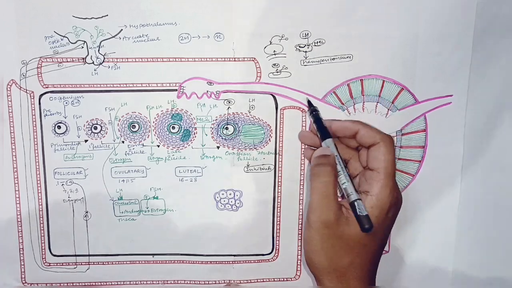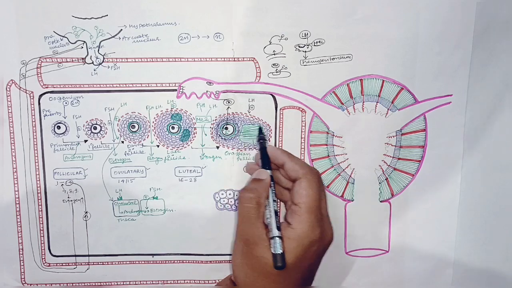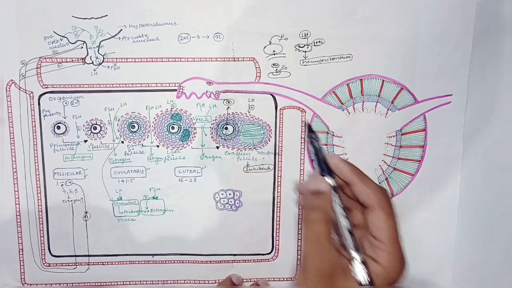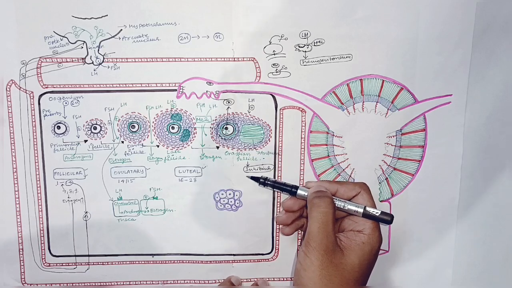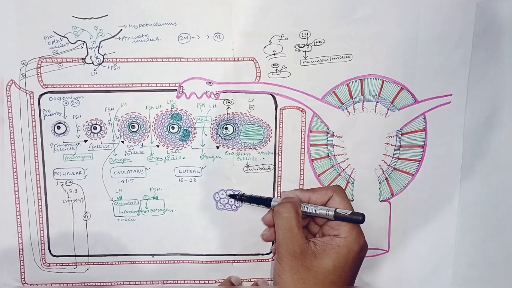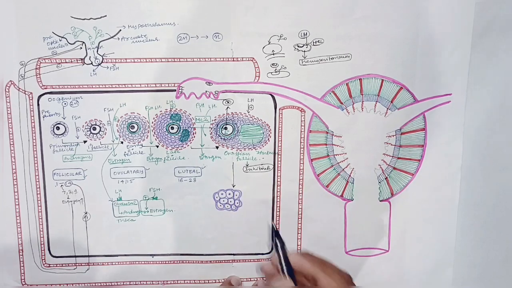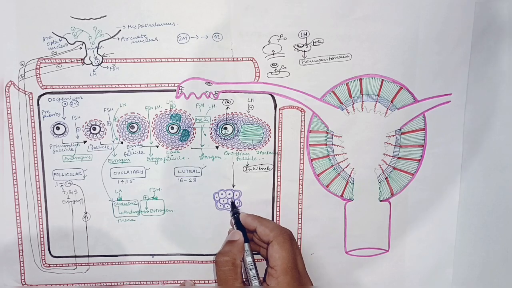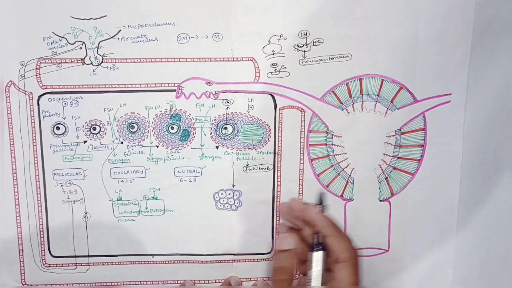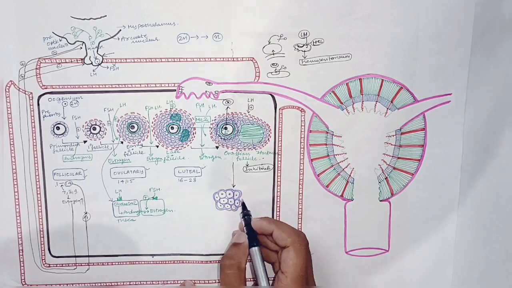Now, simultaneously, some of the granulosa cells of the Graafian follicle differentiate and modify themselves into specialized cells, and these cells are converted into secretory cells, and these cells accumulate lipids, cholesterol, and fats inside them, and they are yellow in color.